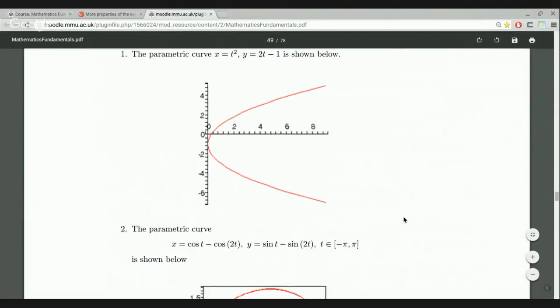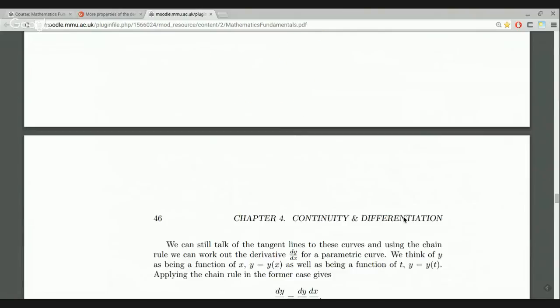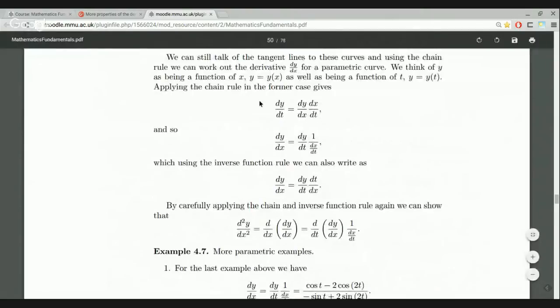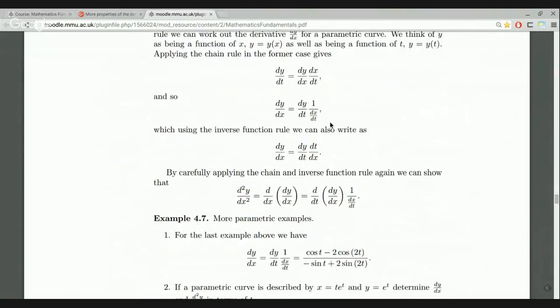And we can obtain the slopes of tangent lines to these curves by essentially applying the chain rule. Okay? And over the page there's a few examples. Well, they describe how that's going to look. Applying the chain rule to getting the derivative dy/dt, let's say, and obtaining then the expression dy/dx. See, dy/dx is going to give you the gradient or the slope of the tangent line to the curves there.